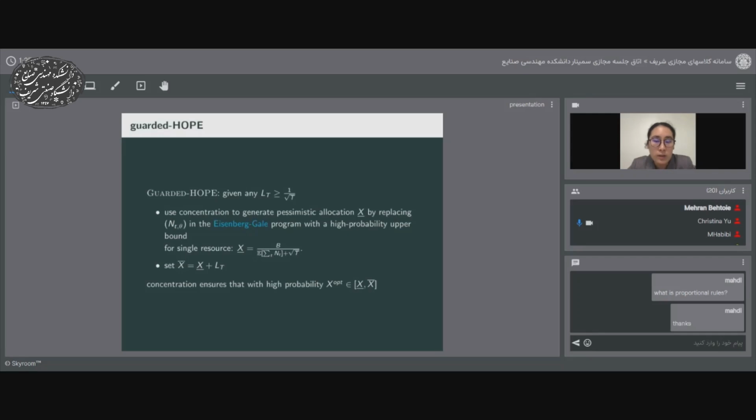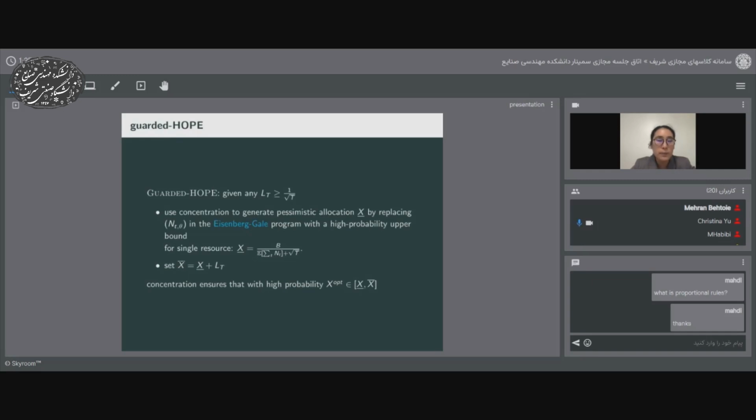So think of it as a budget divided by your expected demand plus root T. And this X lower bar is going to be our lower guardrail. Our upper guardrail, X upper bar, is going to be simply the lower guardrail plus this LT, which is again our buffer on the deviation, this L delta MB.